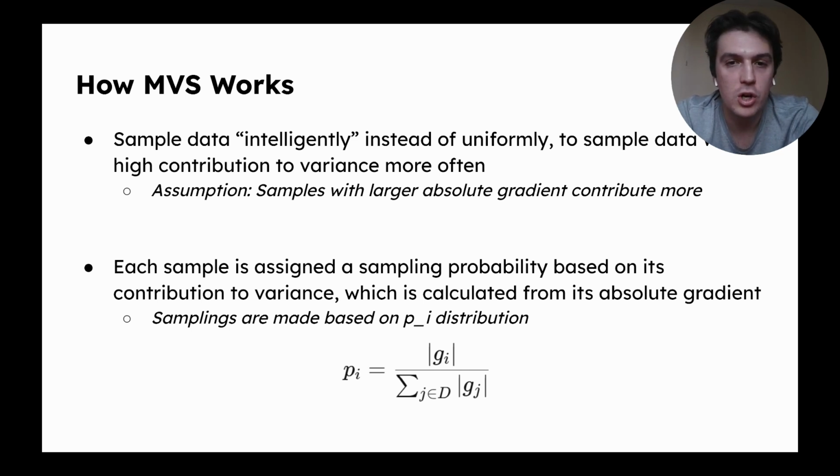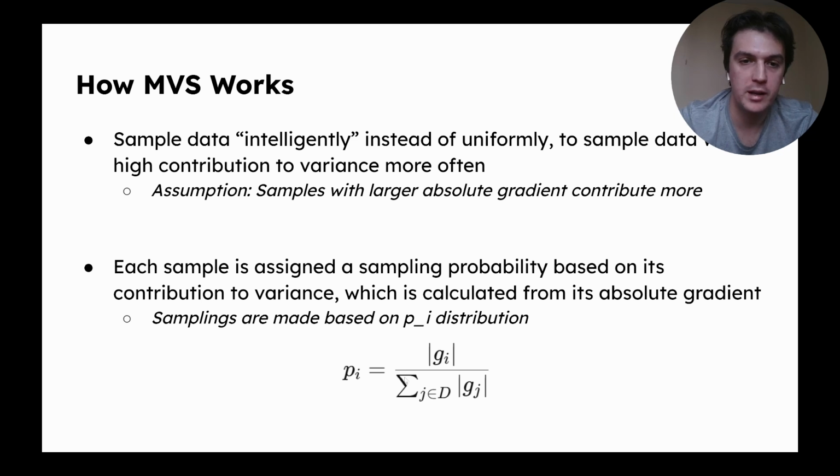So, for each item in our training set, which we call a sample, we're going to assign it a sampling probability based on its contribution to the overall variance, which is calculated from its absolute gradient. That's the bars, the g sub i in the bars.